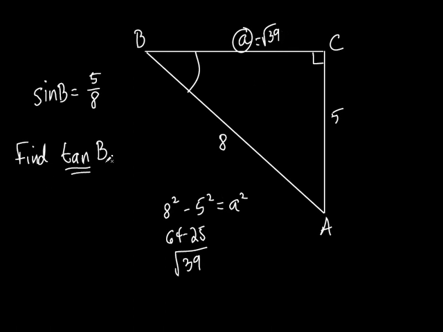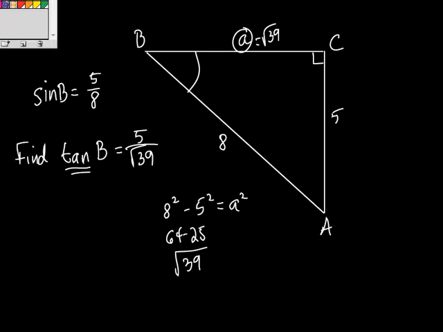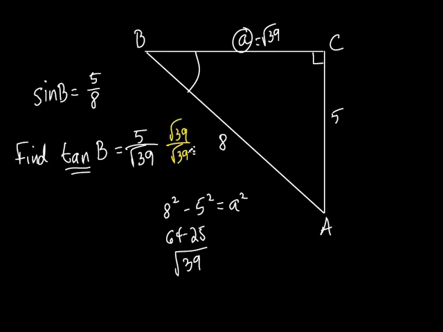Now, can we find the tangent of B? Opposite over adjacent, correct? 5 over what? Square root of 39. Right, but I don't want to leave it like that. We've talked about that on several occasions, haven't we? How do we get rid of that square root of 39? Multiply top and bottom by the square root of 39. Why are we allowed to do that?